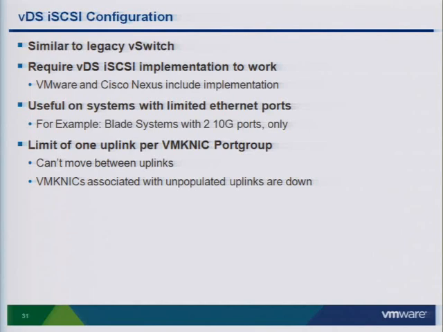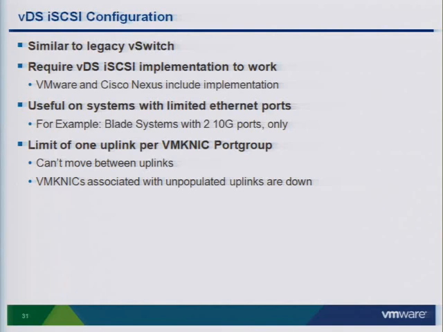Again, the limitation is that you have to have only one uplink for any VMKNIC port group associated with your switch. It's particularly important that the VMKNIC cannot move across uplinks. If it can move, it breaks the association for Broadcom NIC, and you end up with a VMKNIC that no longer is attached to the proper vmhba.